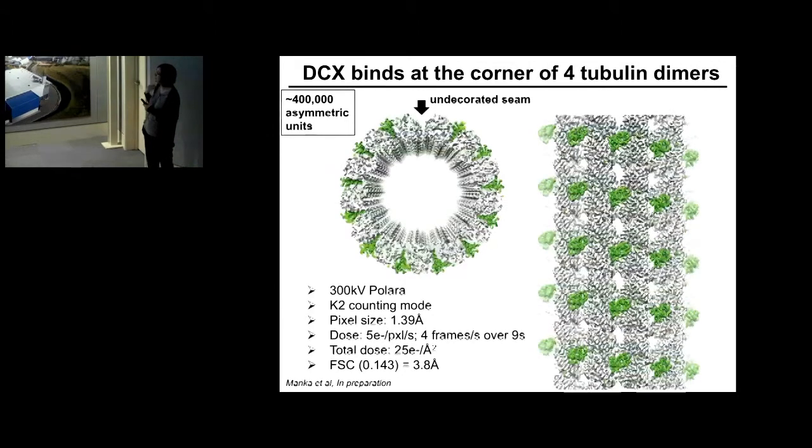So this is what Doublecortin stabilised microtubules look like now. This is data collected on our Polara at Birkbeck. And there are a number of questions that we can now begin to address much more comprehensively with this kind of data.